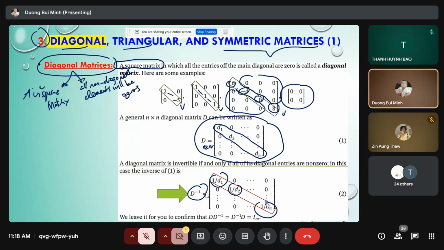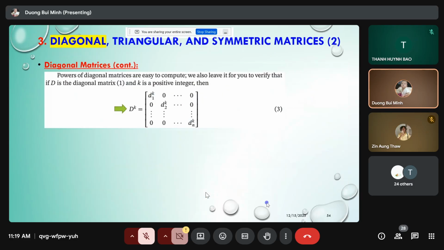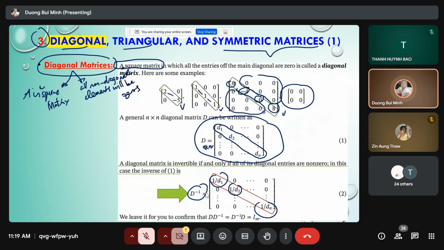Any questions? Anyway, if we know D, we can get its inverse very easily.